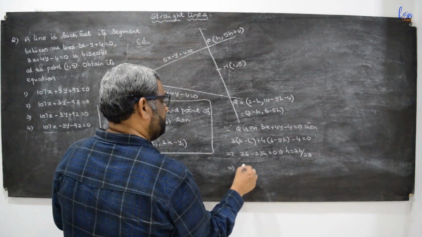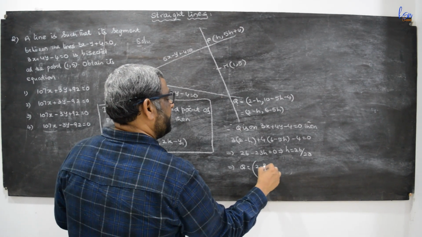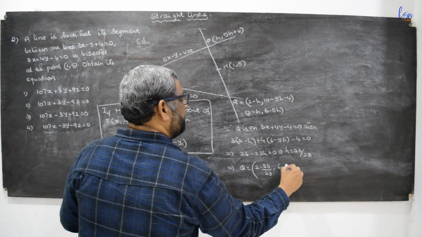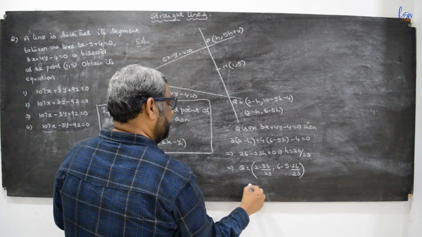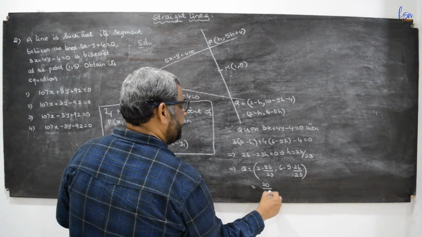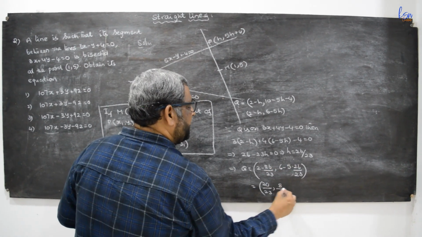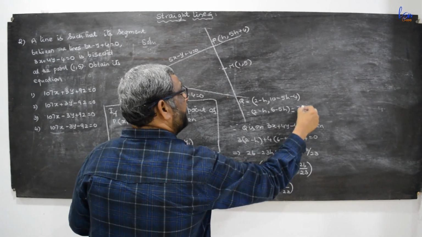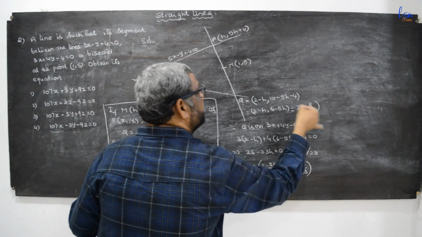Therefore Q is equal to (2 minus 26 by 23, 6 minus 5 into 26 by 23). This is (46 minus 26) by 23, that is 20 by 23, and (138 minus 130) by 23. So Q is (20 by 23, 8 by 23).